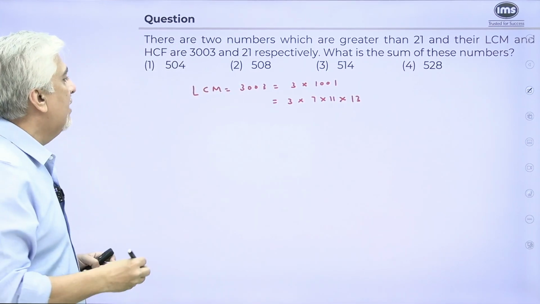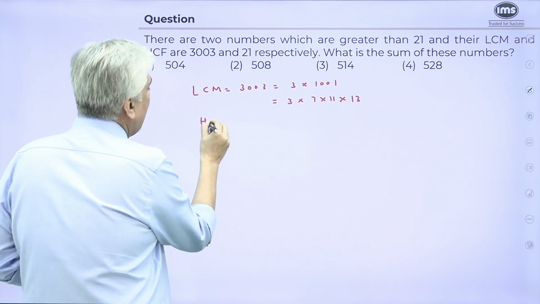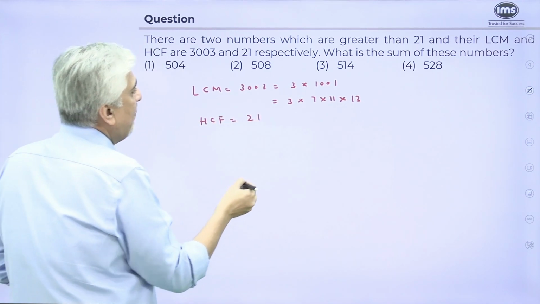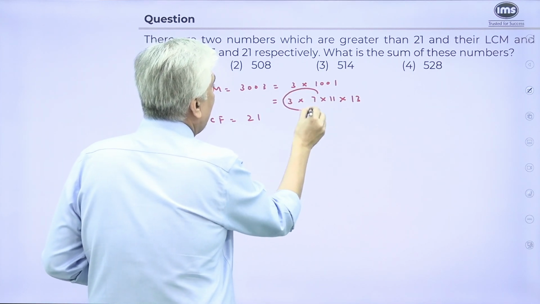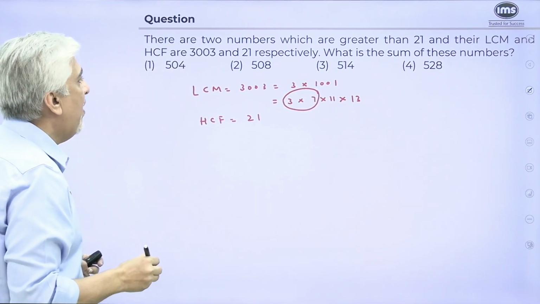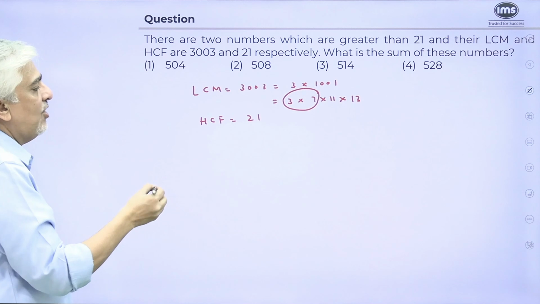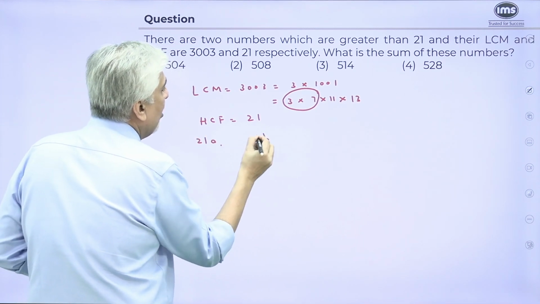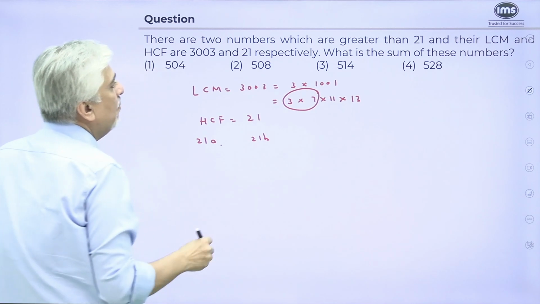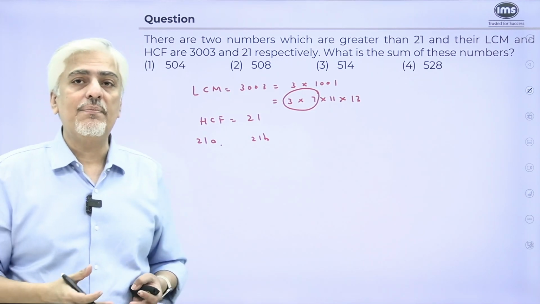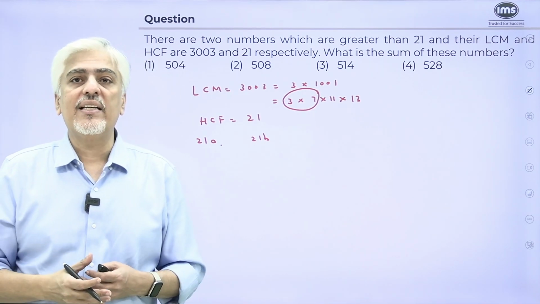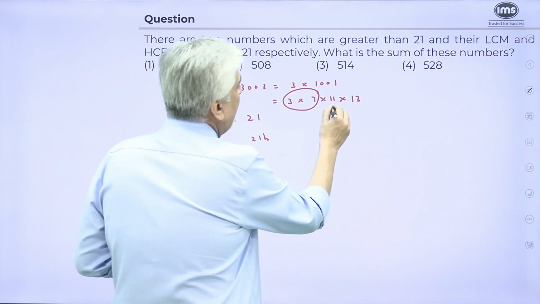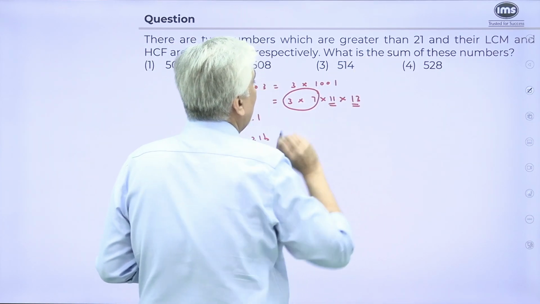Now, I know the HCF is 21. That means from the LCM, this 21 will go away. If I consider my two numbers as 21A and 21B, because the HCF is 21, both of them have to have a 21 in them, right? So the numbers are 21A and 21B. Now, there are only two factors left over here, and both the numbers are greater than 21.